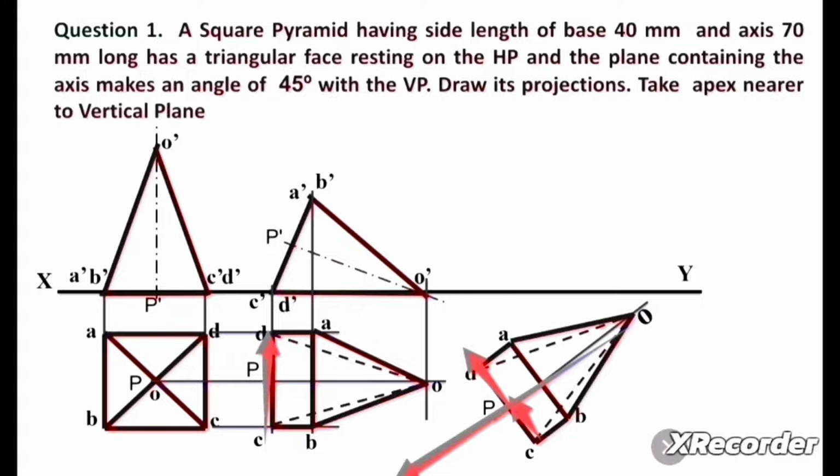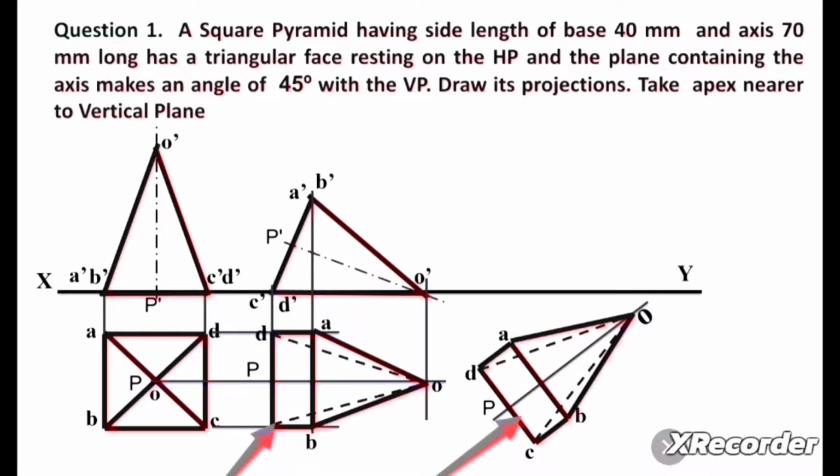The length of this CD line we can mark here, same distance CD. Now we can consider this much distance PD. On this line we can consider PC distance, same distance. Now we can consider this distance BA, same distance BA, and CB. So in this way we can prepare this rectangle shape here.